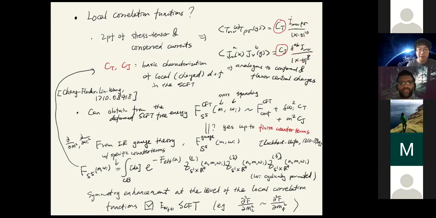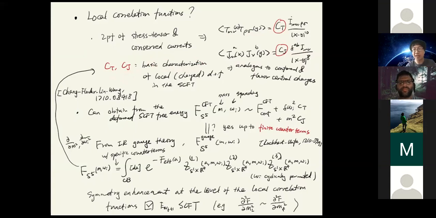But what's physically important are the coefficients, which I'll call CT and CJ. The stress tensor and currents are canonically normalized, so these coefficients are completely unambiguous. In some sense, because they're 2-point functions of the stress tensor and the conserved currents, they're a basic characterization of the number of degrees of freedom in your theory, or for CJ, the number of charged degrees of freedom.